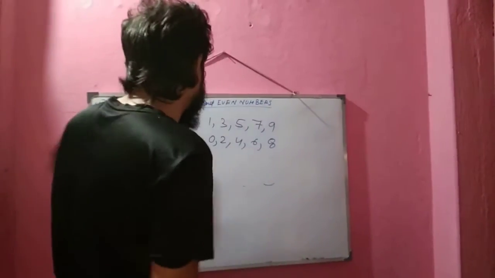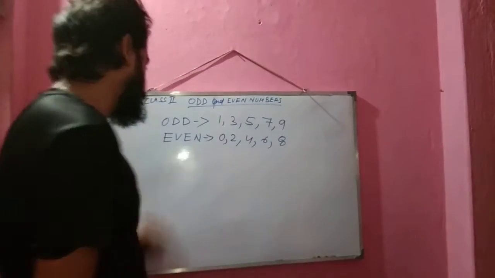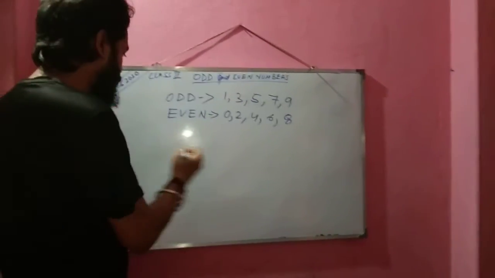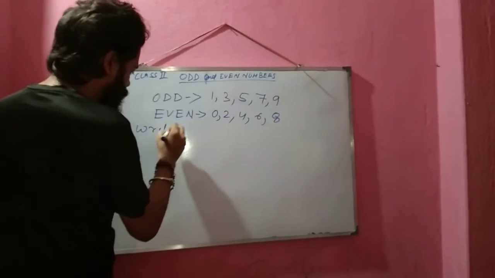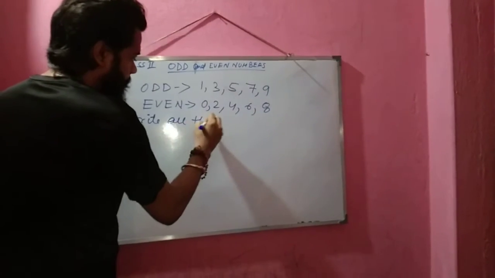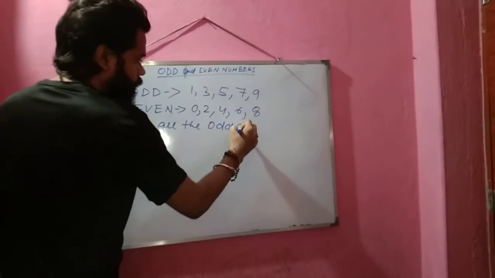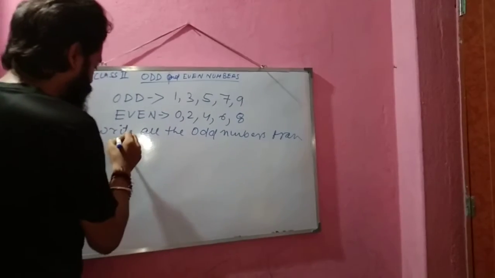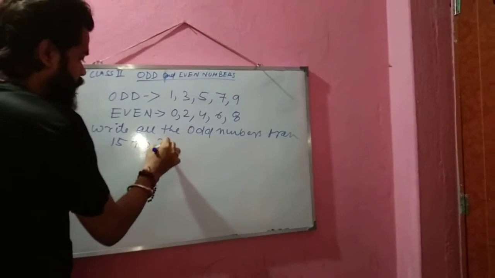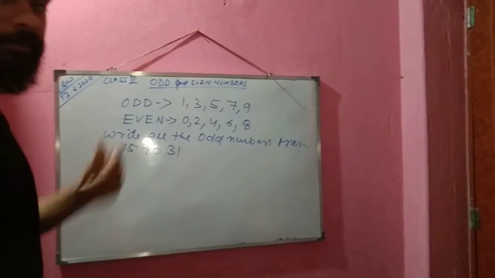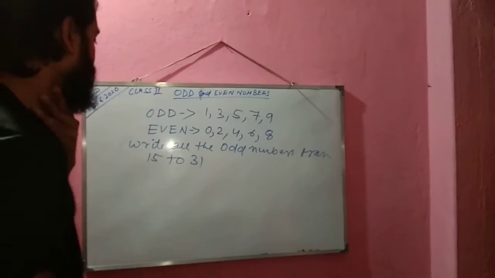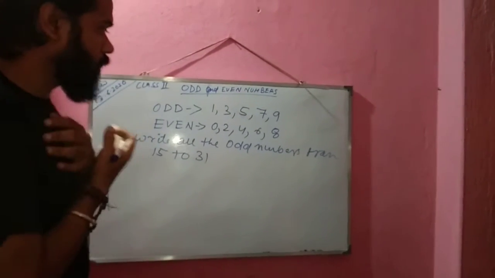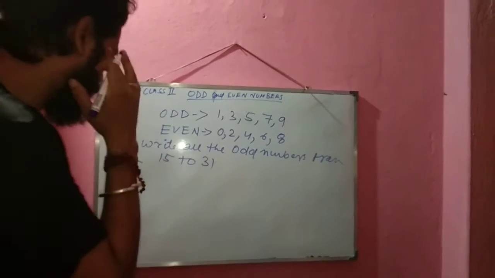If I ask you to write all the odd numbers from 15 to 31, this is just an example, it is not in the book. What will you do?